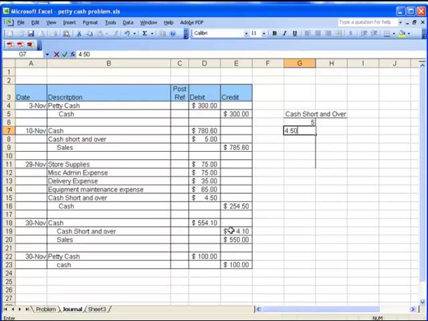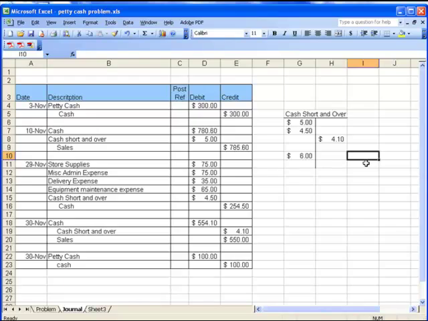And here we have a $4.10 credit. And so when all that's said and done, we have $9.50 worth of debits, $4.10 worth of credits. That means the ending balance in our account is a $6, whoops, not 600, a $6 debit. And so our ending balance in our cash short and over account, $6 on the debit side.